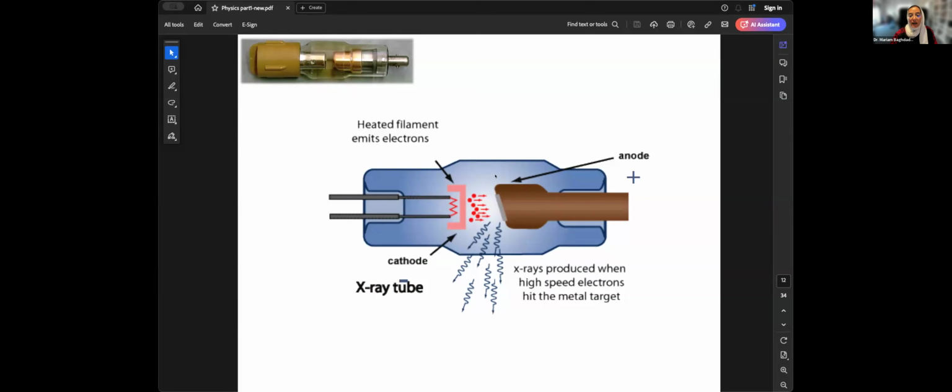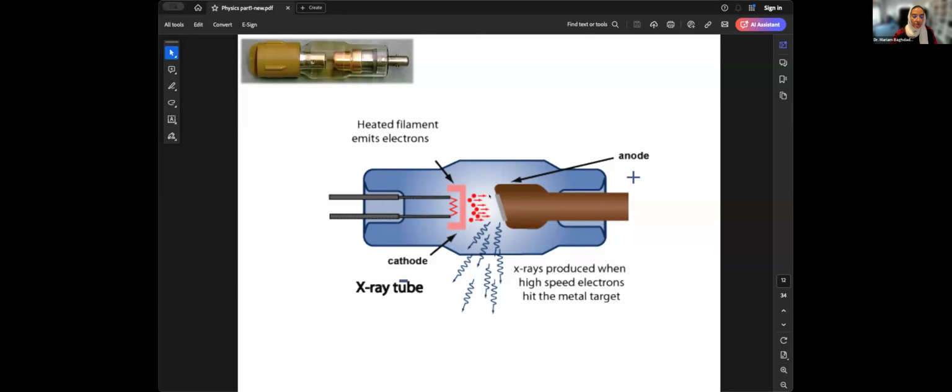So there's two sides to an X-ray tube. The first side is a cathode, all right, a cathode. And the second part is an anode. The cathode is the negatively charged side, and the anode is the positively charged side of the X-ray tube. In the cathode area, what we have is something called a filament.